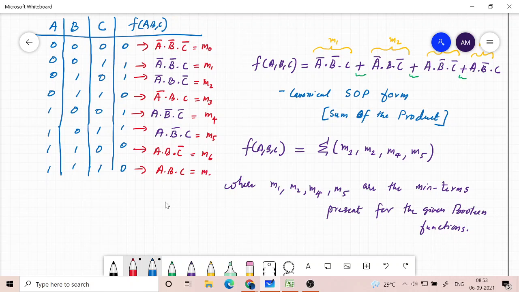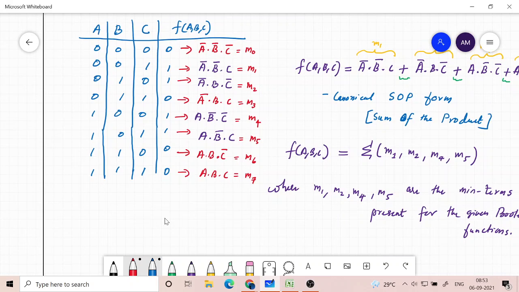Zero to 7. In decimal representation we have 0, 1, 2, 3. 100 is the binary code for decimal digit 4. Then 5, 6, 7.